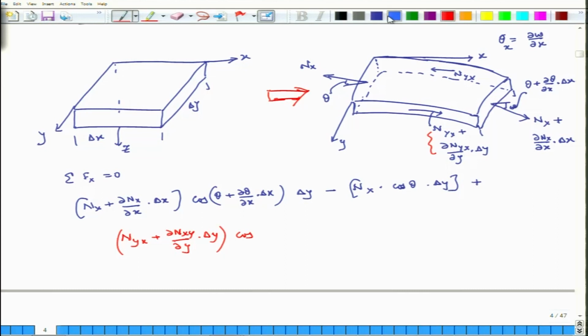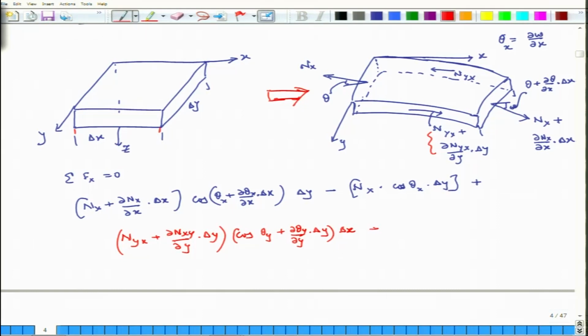So, this was theta x, right. Similarly, I will have a theta y, which is the rotation in the other direction. So, it will be cosine of theta y plus del theta y over del y times del y, and this entire thing is multiplied by delta x, because this is the length over which nyx is being applied.